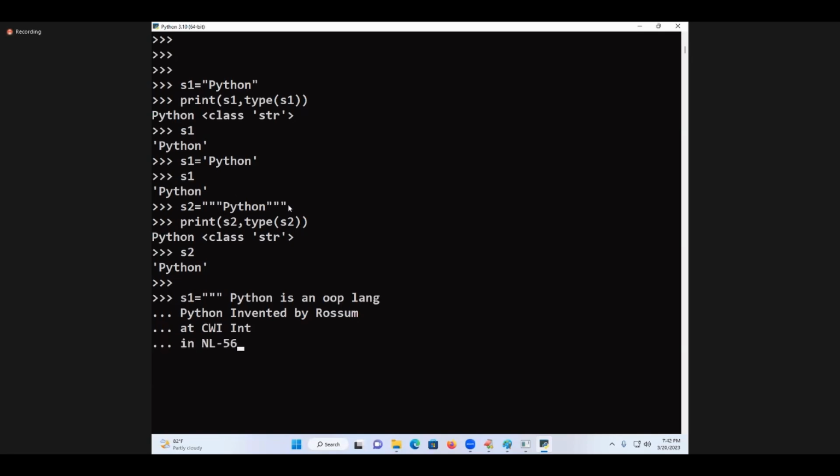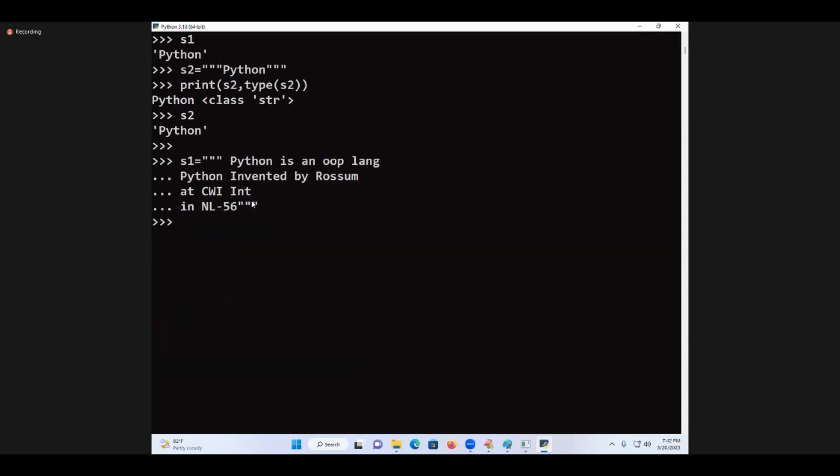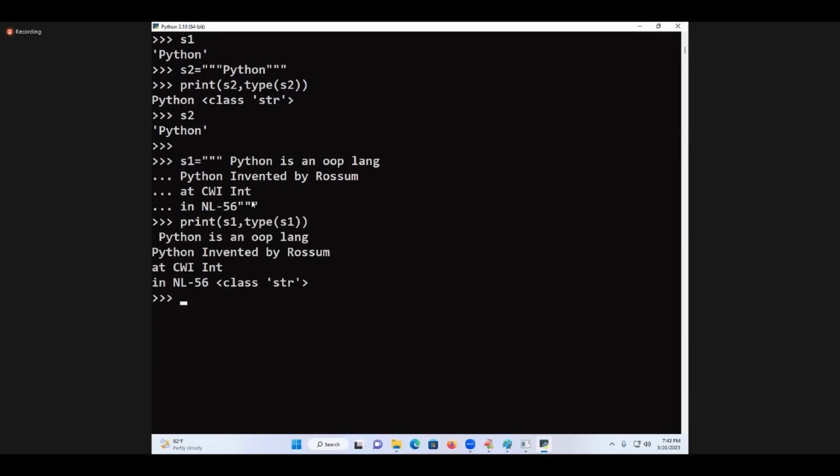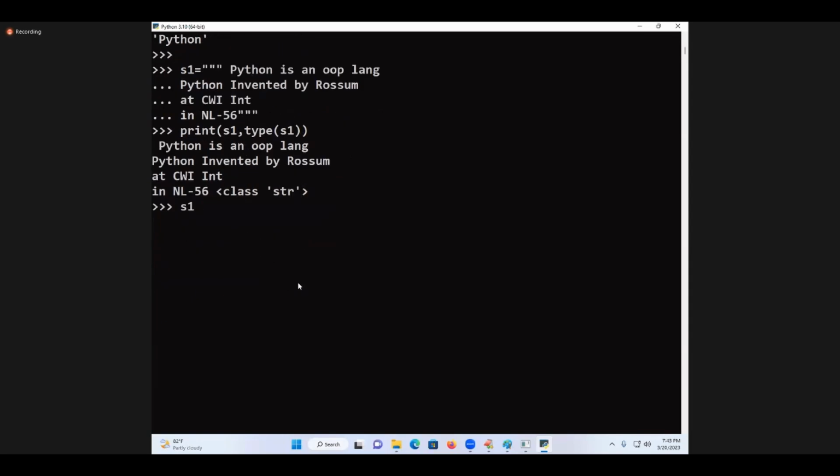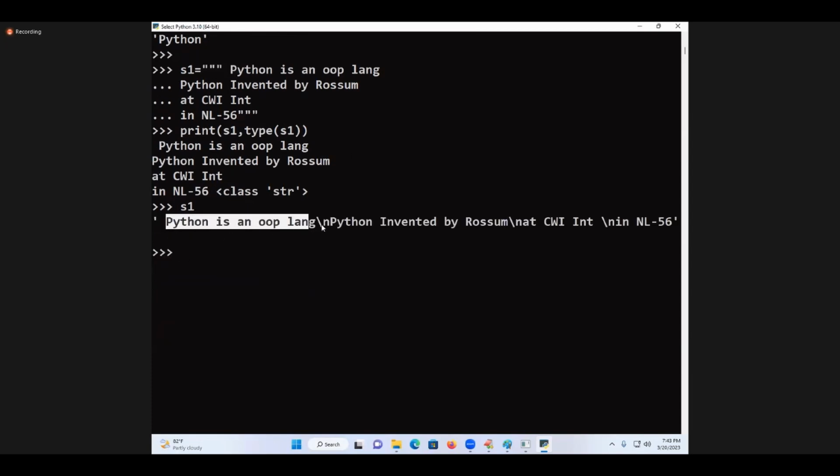So triple double quotes I am writing. You print S1, student. Print S1, comma, type of S1. You see that str is coming or not? You print S1 only. You see, even though I wrote it in triple double quotes, it is showing in the form of single quotes, which is the data.